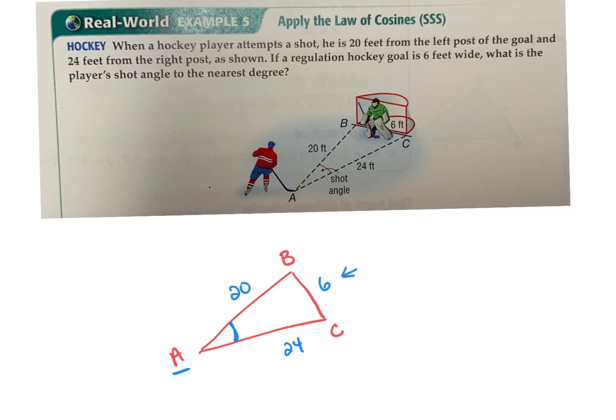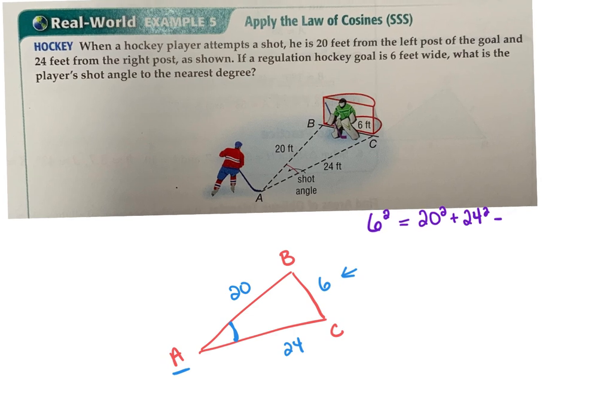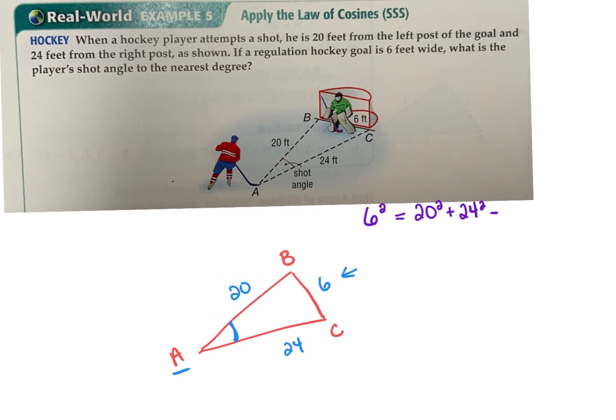I'm going to say a squared, that's going to be my 6 squared, equals my other two sides, 20 squared plus 24 squared minus 2 times 20 times 24, and then the cosine of the angle I don't know, okay?